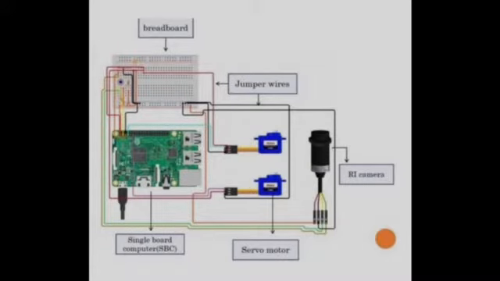Now the specifications, and how components are connected to each other in our circuit design. I will start with the SBC, single board computer. It's a circuit board with a microprocessor, memory, input, output, and other features required of a functional computer. We connected the SBC with the servo motor and breadboard. The Pi camera is a portable lightweight camera that supports Raspberry Pi.